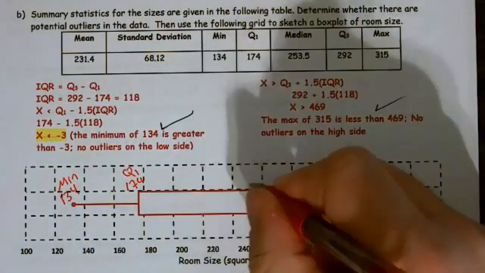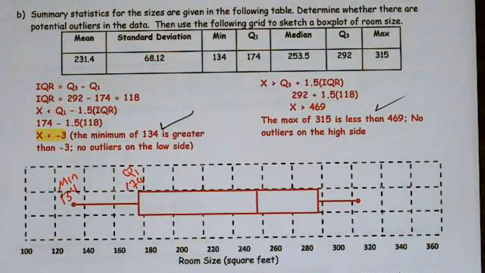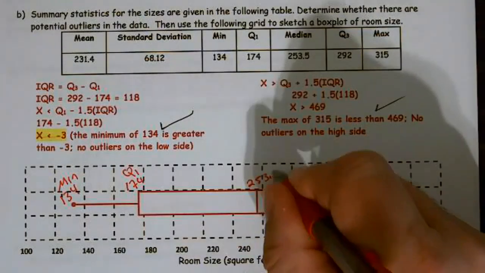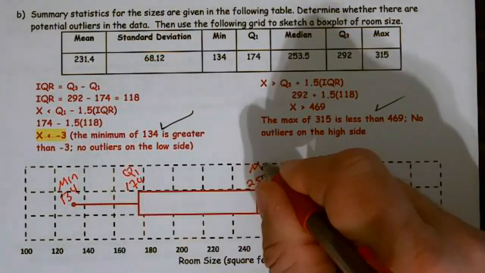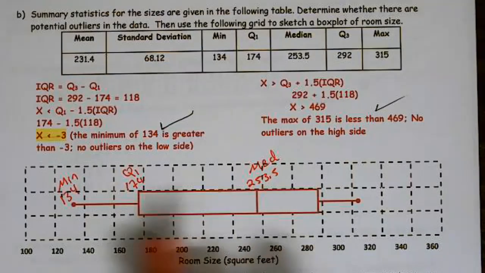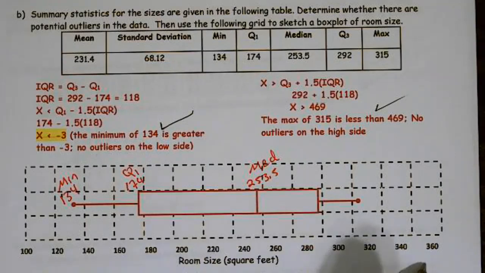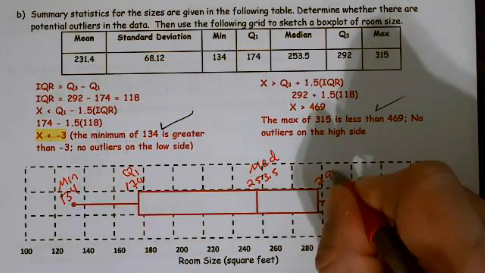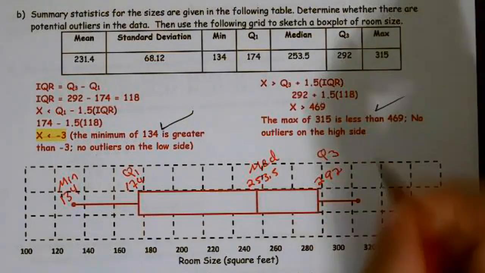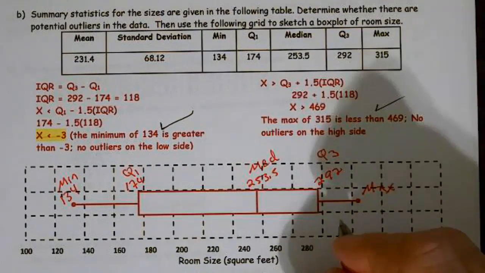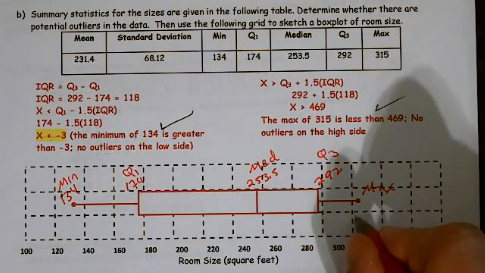Then we have our median, and our median happens to be at 253.5. While they don't always require it, I highly recommend you label the actual points. That way you don't have to mess with drawing a scale. Q3 is 292. And then over here we have our max, and our max happens to be at 315.